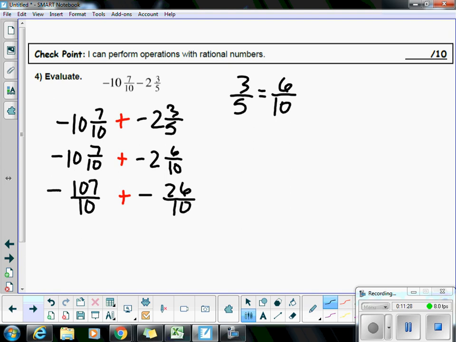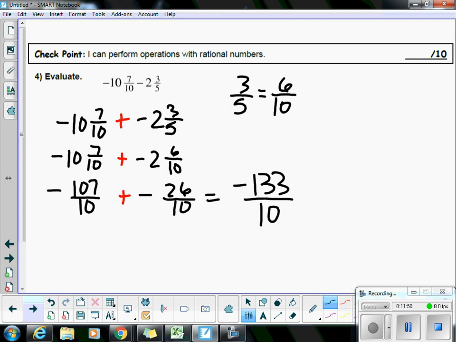All right, now it's much easier to work with. We have common denominators. I can add the two negative numbers together. So we have to do -107 plus -26, and we get -133/10. So we need to divide that back out.